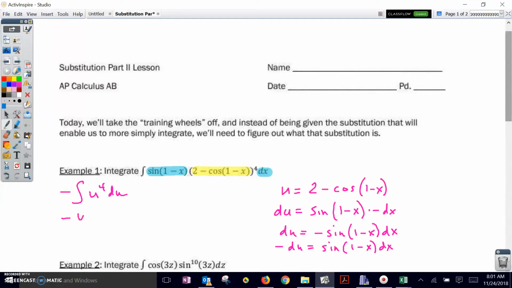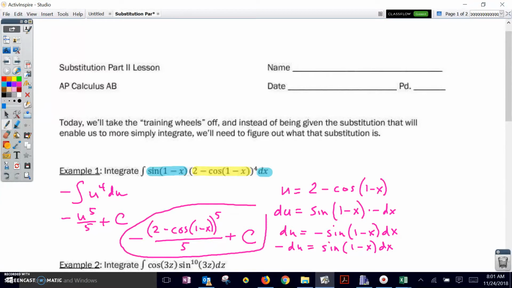And so that's going to give me negative u to the 5th over 5 plus c. And then I bring u back, and this turns into the opposite of the quantity 2 minus cosine of the quantity 1 minus x, all raised to the 5th over 5 plus c. And there's the integral of my original.